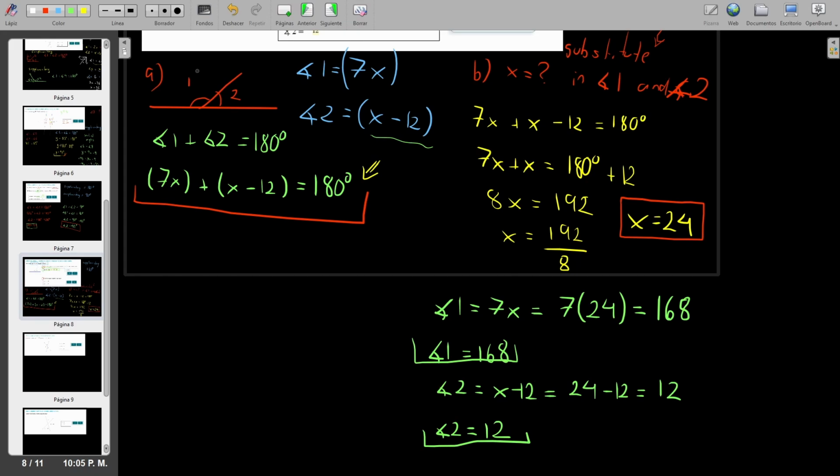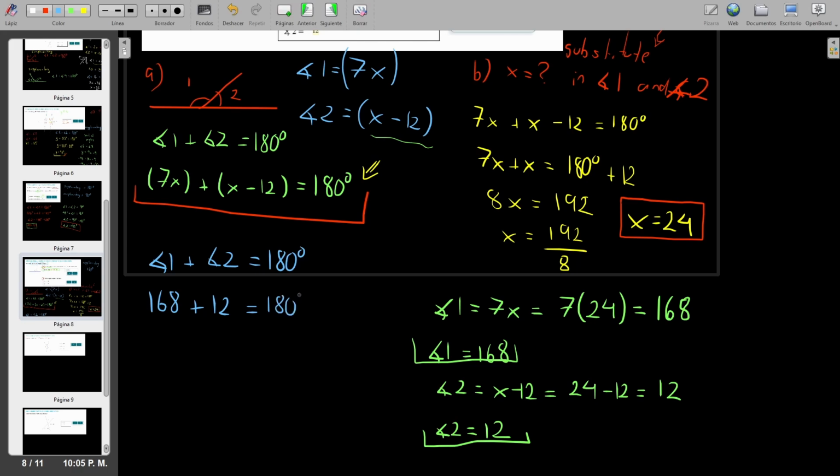How do we know if this is right? Remember this operation? We already have the values of 1 and 2, so let's add them to see if this is true. Remember, angle 1 plus angle 2 is going to be 180 degrees. Angle 1 is 168 plus how much is angle 2? 12.